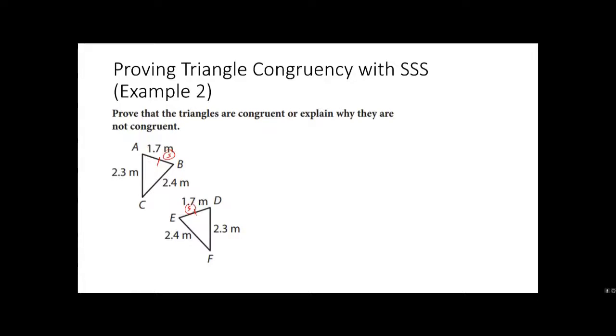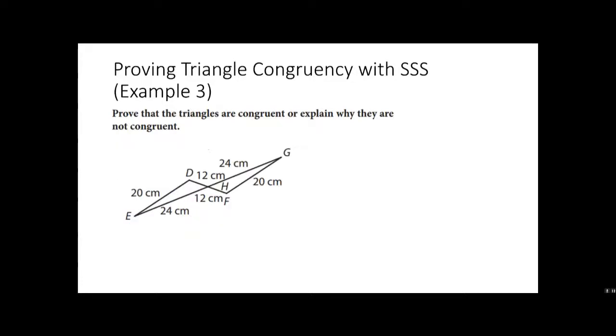And then we have a 2.3 right here for AC, as we do here with DF. So there's our second pair of sides that are congruent. And then lastly, we have three sides that are proven to be congruent. So yeah, these guys are definitely congruent. Awesome.